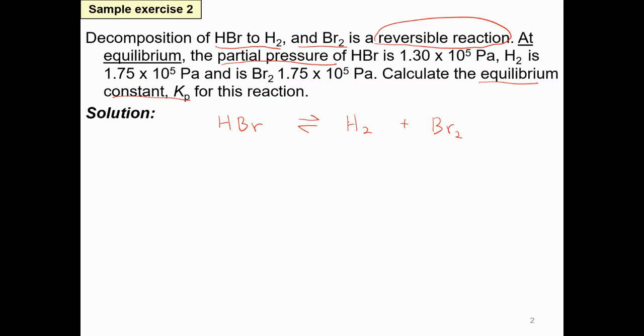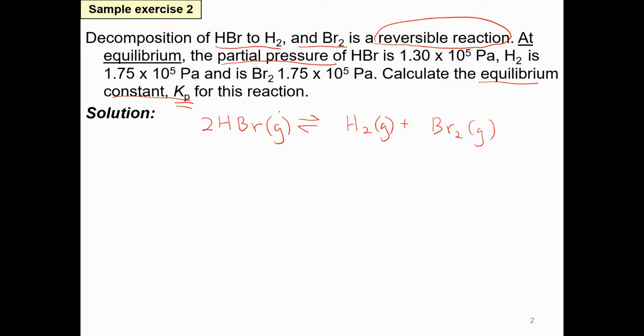Then we know that hydrogen gas, bromine also gas because they ask for Kp, pressure. So automatically HBr is also gas. Now, is this equation balanced? No, so we just add 2. Okay, now the equation is a reversible reaction, and the equation is balanced.